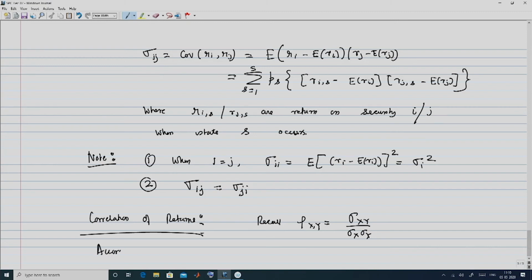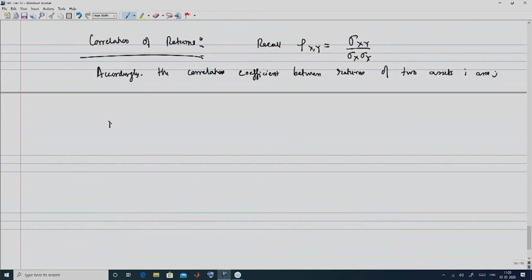So, accordingly, the correlation coefficient between returns of two assets i and j is given by, and I will denote this by notation rho ij, this is sigma ij over sigma i into sigma j.